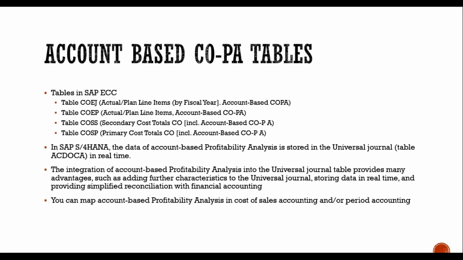The first is for actual and plan line items by fiscal year. The second is actual and plan line items for account-based COPA without fiscal year. COSS and COSP are the aggregate totals tables, like FAGLFLEXT we have in FI. Right now, you already know in S/4HANA there is no place for totals tables.